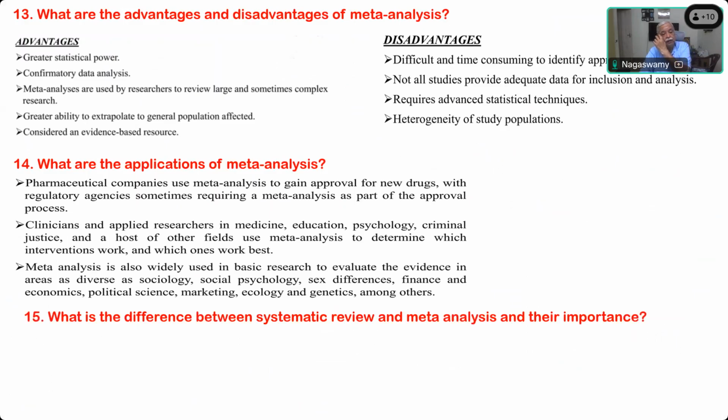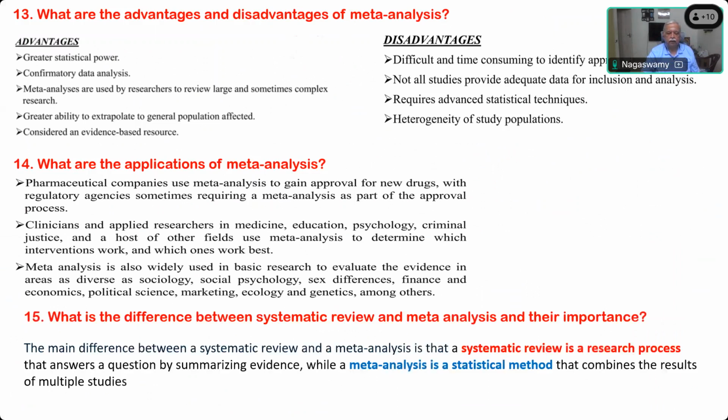What is the difference between systematic review and meta-analysis? All of you would have come across this wording, systematic review, in many articles. So both are different. A systematic review is a research process that answers a question by summarizing evidence, whereas meta-analysis is a statistical method that combines the results of multiple studies.